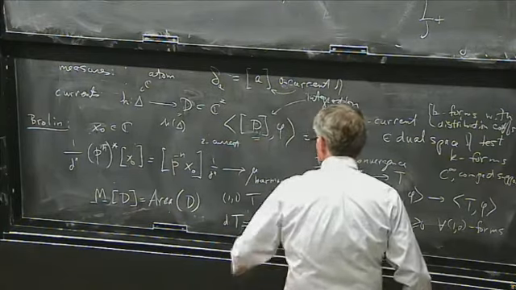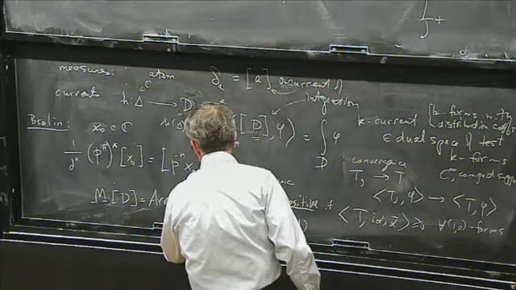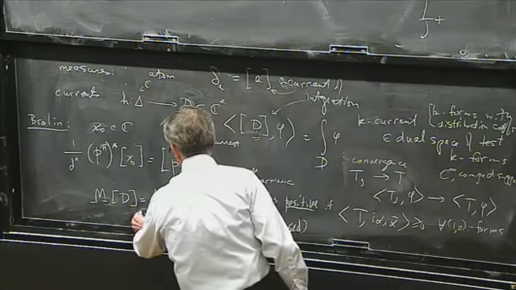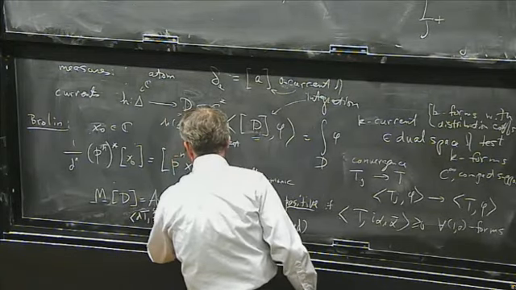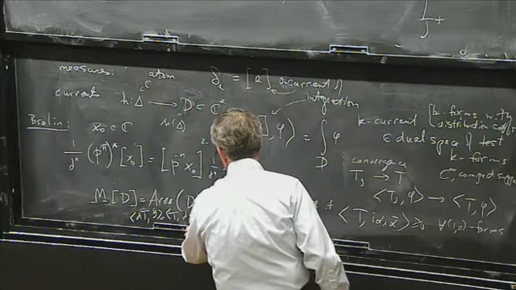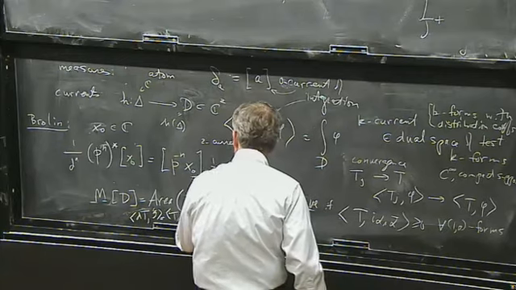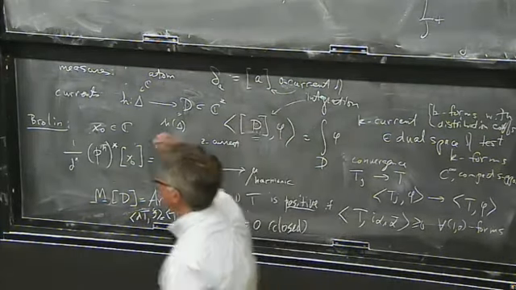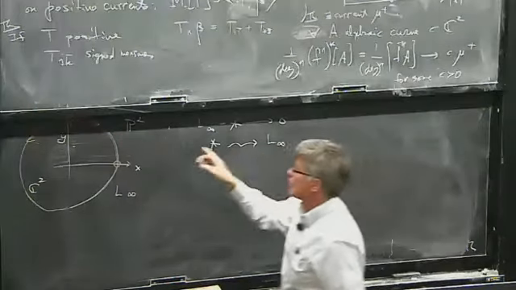That means that the action of T on some one form is given by this formula, and that would be saying that anytime I put T against something closed, something exact, then I get 0. Anyway, the point is this extends to a current on all of P2.